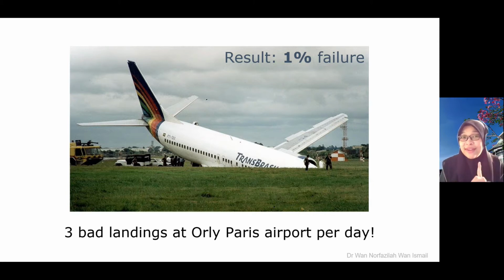Itu result of 1% error. For airlines company, guys, please bear in mind this one, the example is on airlines company. Kalau you accept 1% error, it means that there is 3 bad landings per day. Okay, but as I said, this one is for airlines company. Ia akan berbeza mengikut the final product.